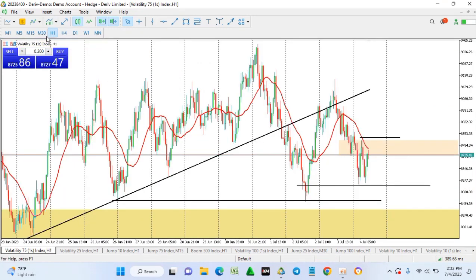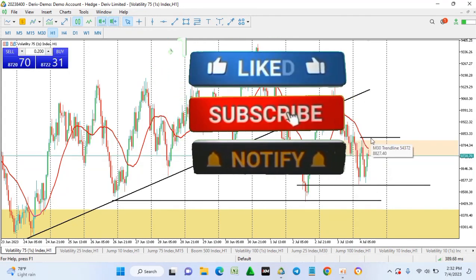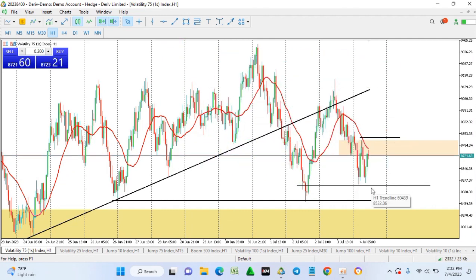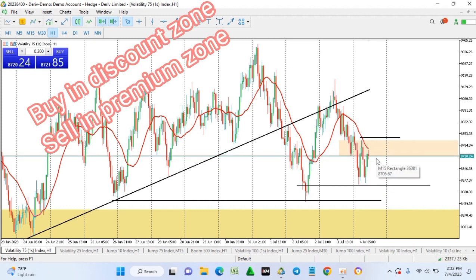I have marked the swing points, that is the lower high and the lower low, and if price closes above the swing high, I'll be looking for buys, and probably I'll be targeting the swing high above, all right? And we buy in a discount zone and sell in the premium zone.